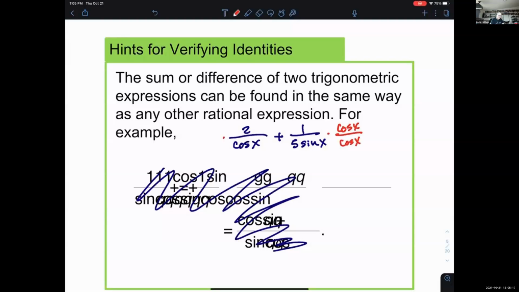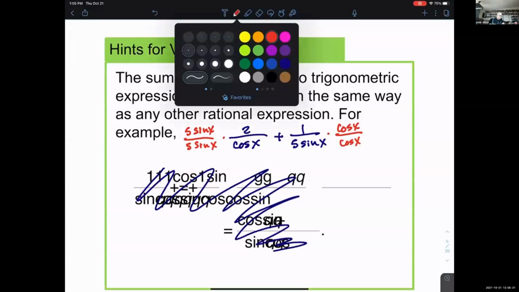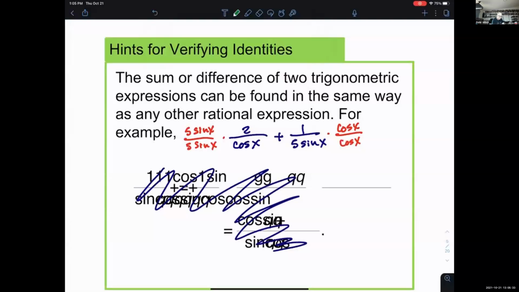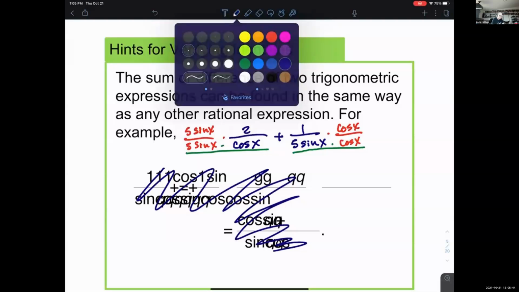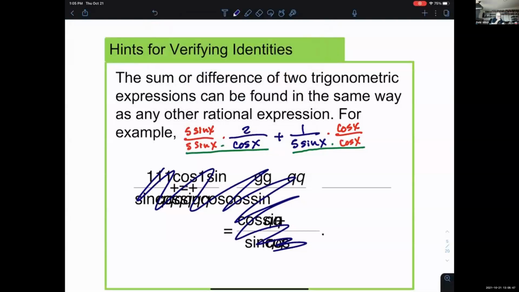And I would multiply the fraction on the left by 5 times sine x in the top and the bottom, because then the denominator for both fractions would be 5 sine x cosine x. And then when they have a common denominator, I can go ahead and carry out the addition. So in the top of the left fraction, 5 times sine x times 2 would be 10 times sine x.